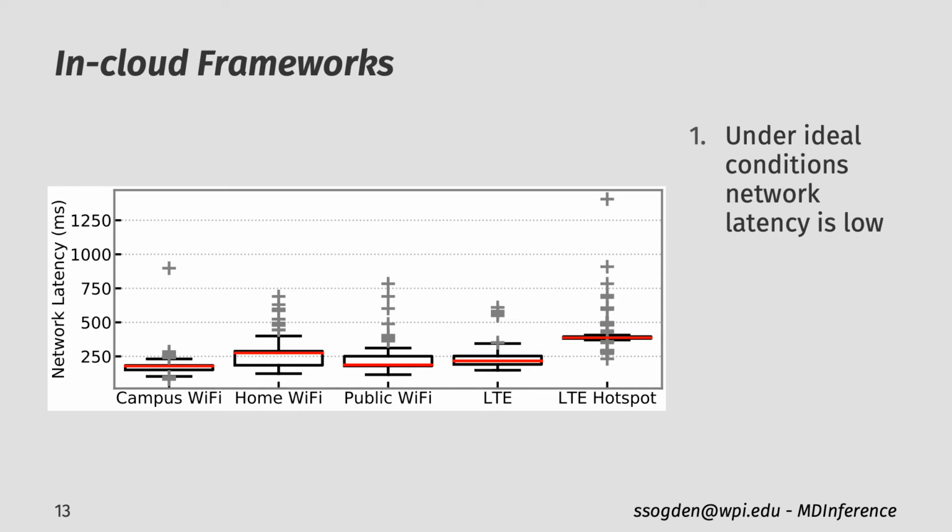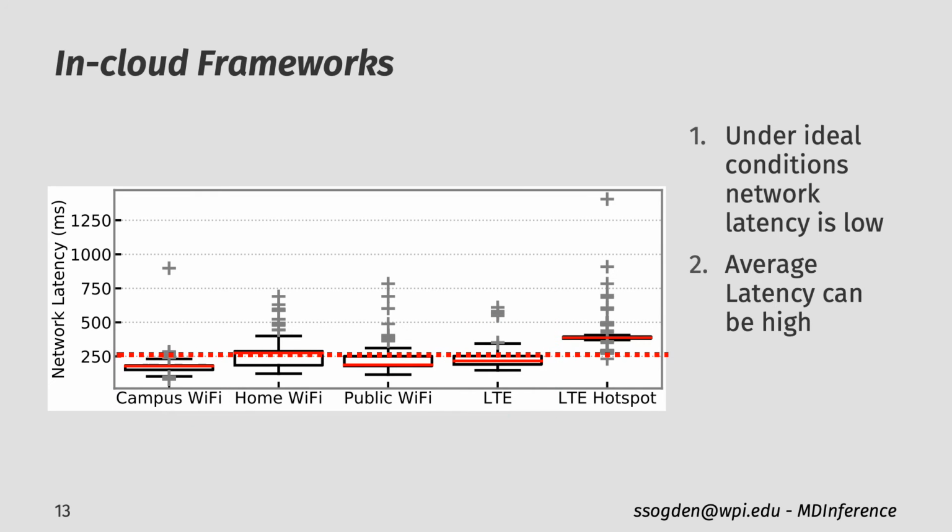This is fine under ideal conditions, which we see in campus Wi-Fi and LTE, which typically have low transfer time. This figure shows the network transfer for input images on 5 different mobile network types. These images were pre-processed and were approximately 330 kilobytes in size each. Campus Wi-Fi and LTE both had low transfer time, in many cases leaving enough time for execution of high-accuracy models.